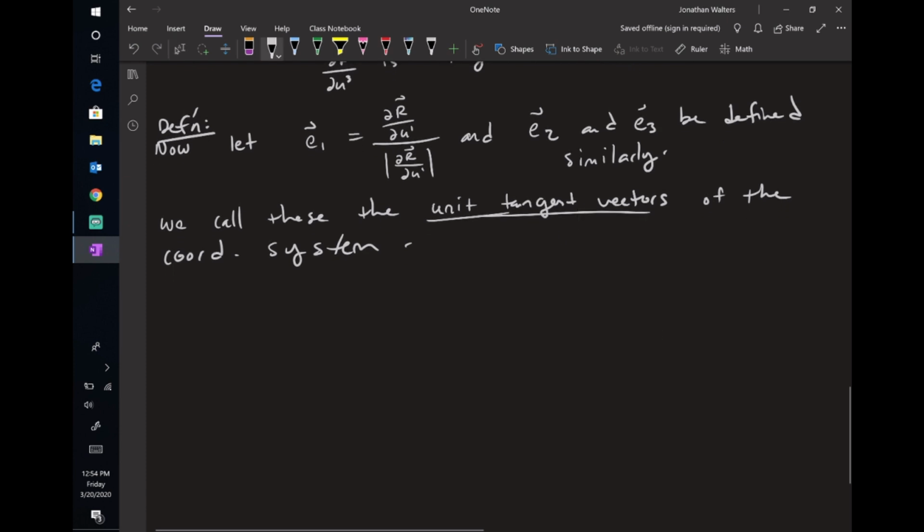Also recall that the gradient of f is perpendicular to f at any point on f.